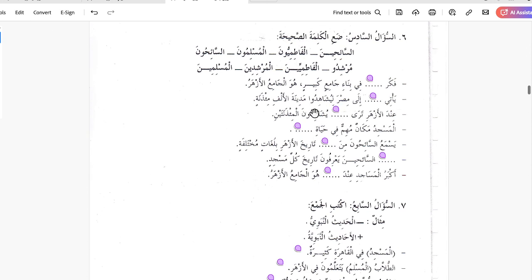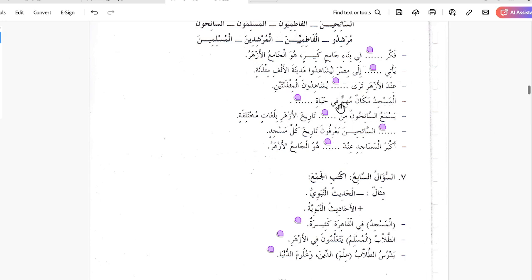For maf'ul we can't use saihuna, we have to use saihina. So near the Al Azhar you see the tourists, asaihina, you see what? You see the tourists. So the tourist is the maf'ul. Yushahidun al mizanataini, they watching the 2 minarets.